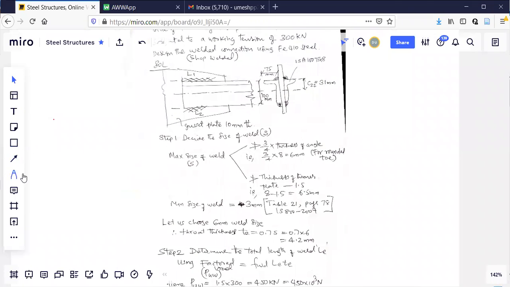Step number one is here. What am I doing in the first step? I'm just trying to find out the size of the weld. How to find out?